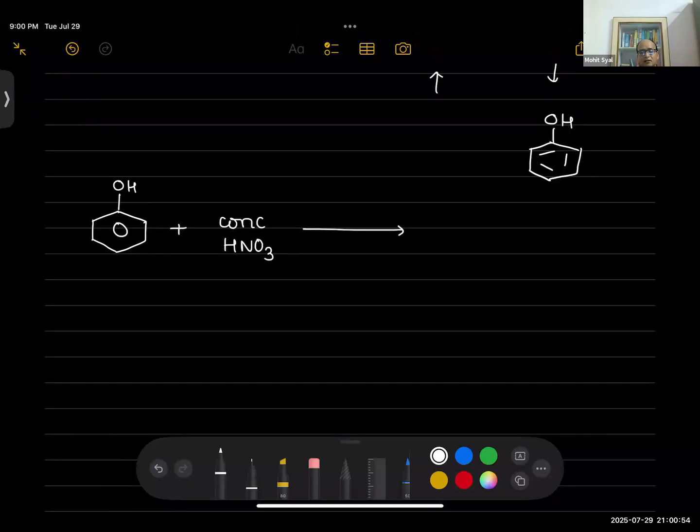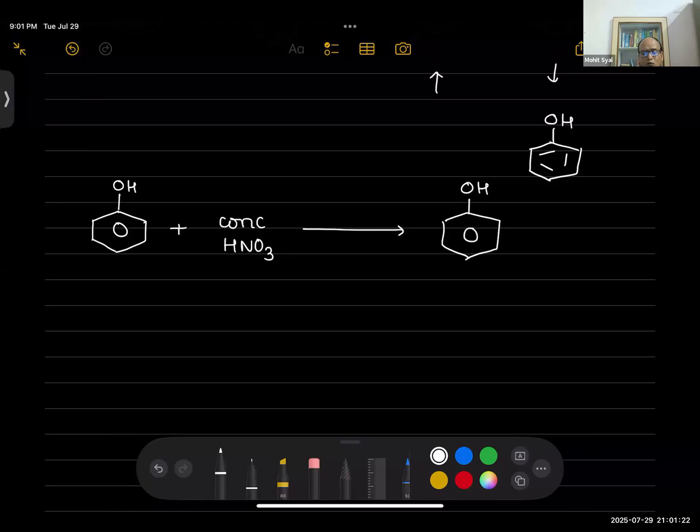Concentrated nitric acid means the NO2 ions are more in it. We have taken concentrated acid. Is it clear? So what are we going to get? What is the name of that compound? Tell me quickly. The picric acid. Oh, yes, Aisha. Very good. And that is trinitrophenol, picric acid.